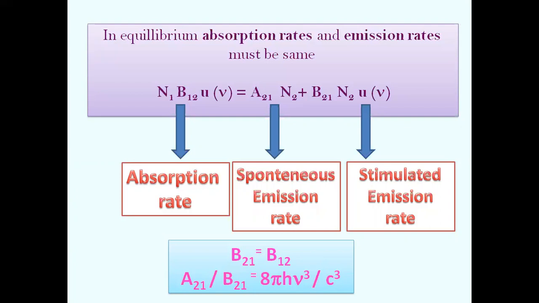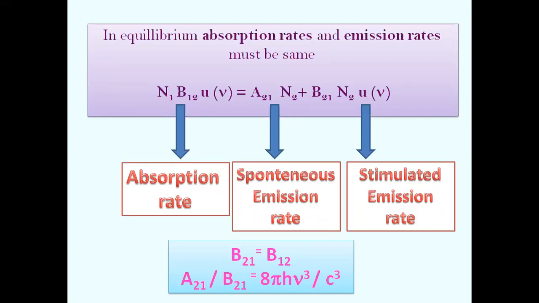Finally, we get two relations. First is B21 is equal to B12, and A21 by B21 is equal to 8 pi h nu cube by c cube.